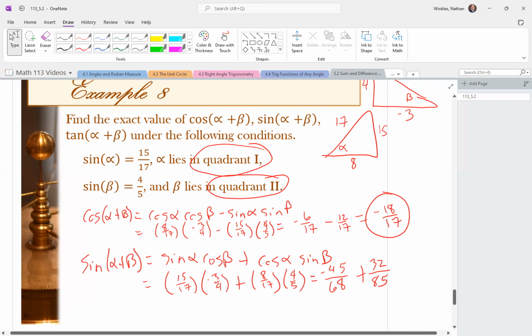Just double check that. All right, so if we type that in, we get a really ugly number, negative 97 over 340.